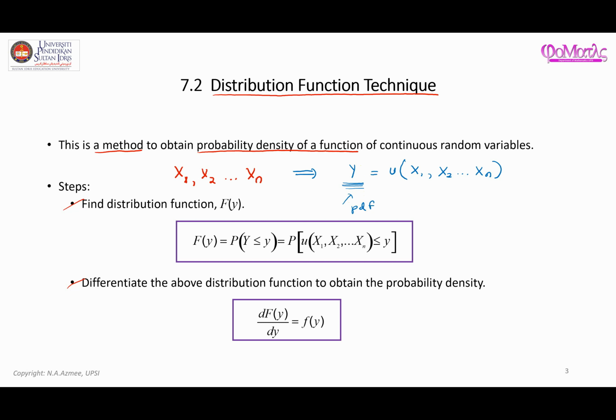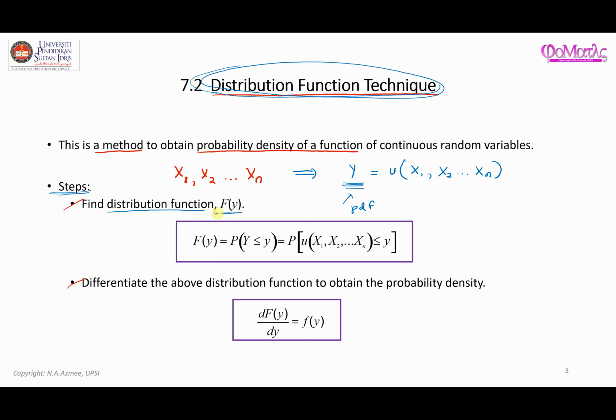In order to find the PDF, you have to follow the steps given here. The first step is to find the distribution function. As the name of the technique suggests, it is the distribution function technique, so you have to deal with finding the distribution function.